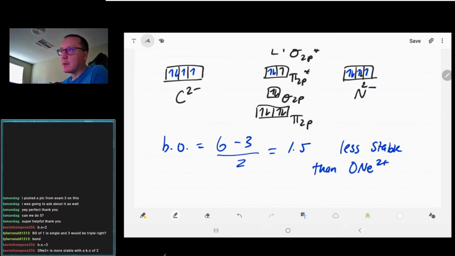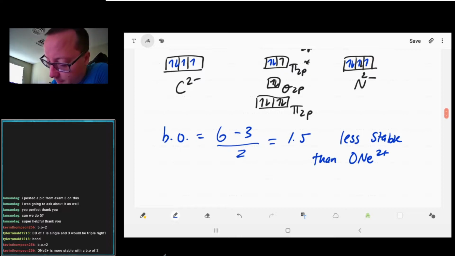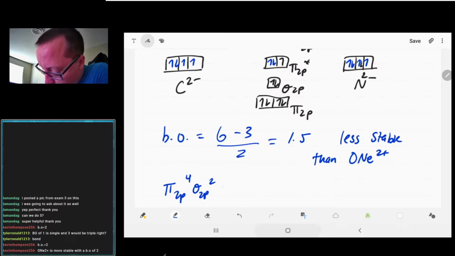Or as Kevin has written it the opposite way, the first ion is more stable than this CN4 minus. Okay, and then if you were to do a configuration for this, we would see it is sigma 2p 2, pi 2p star 3, and that's it.